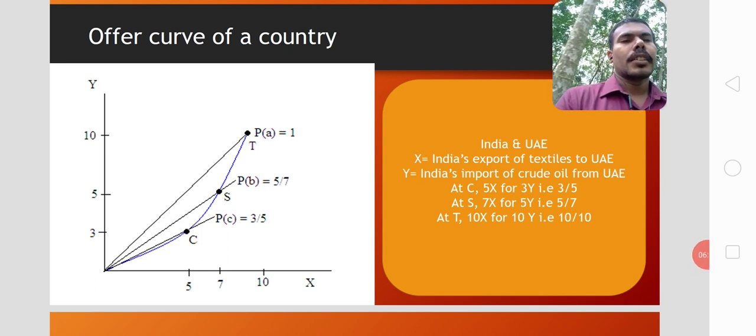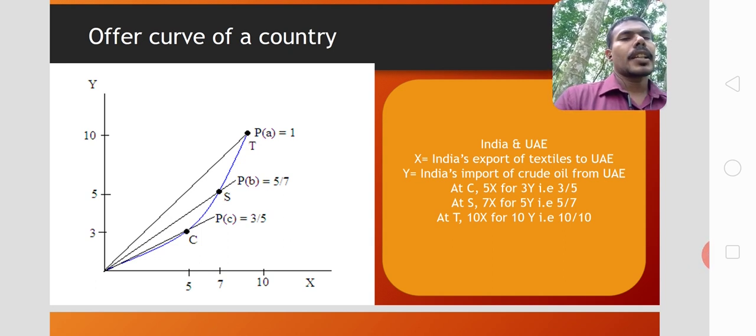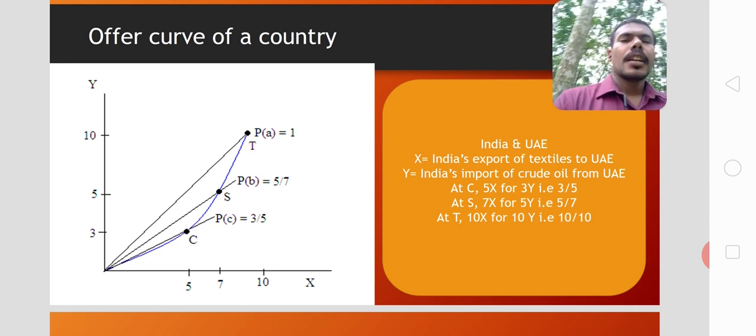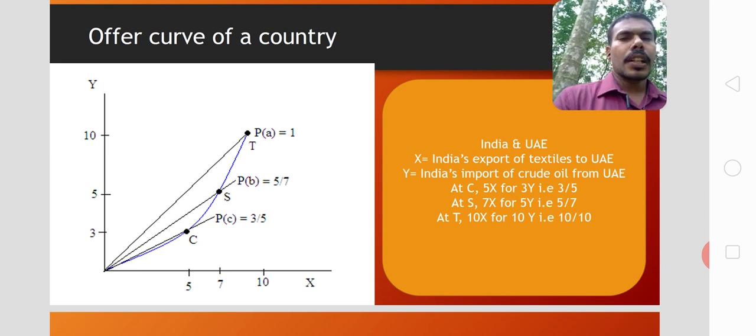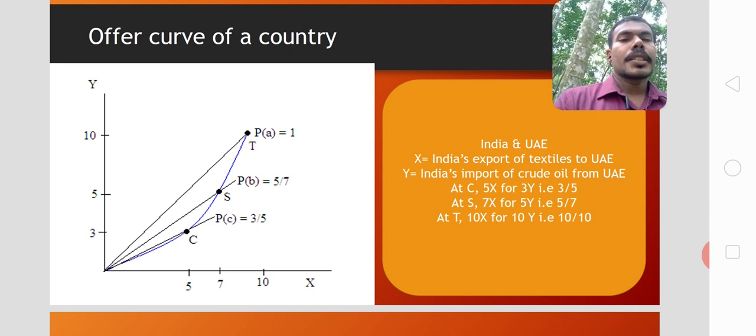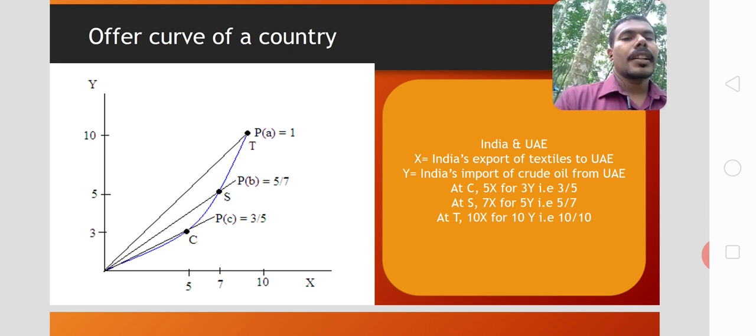Take again India's case and the United Arab Emirates' case. India's export is measured along the horizontal axis X. The quantities measured are 5, 7 and 10. This is the quantity exported by India. India's export is textile, as I said.